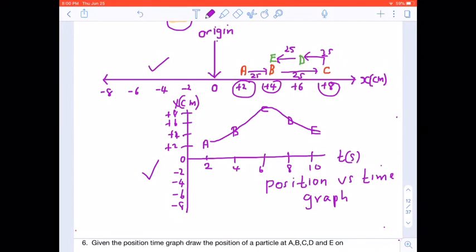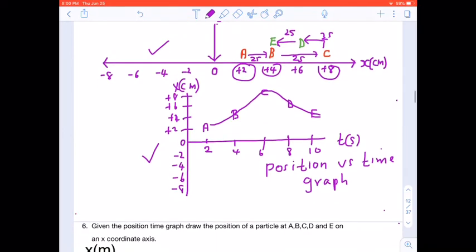And alternatively, if you are given a particle moving in a one-dimensional coordinate line, you should be able to draw a position time graph for it. That's important.